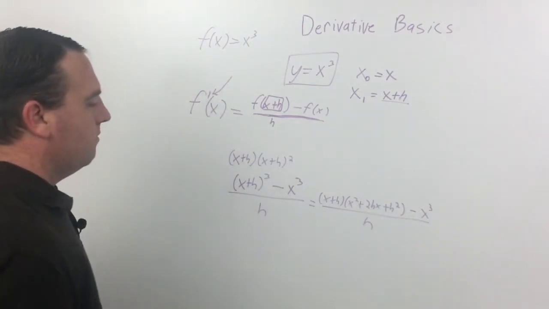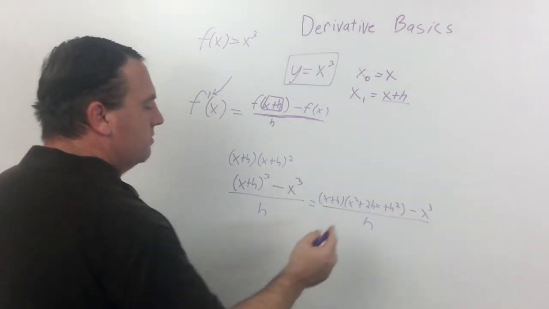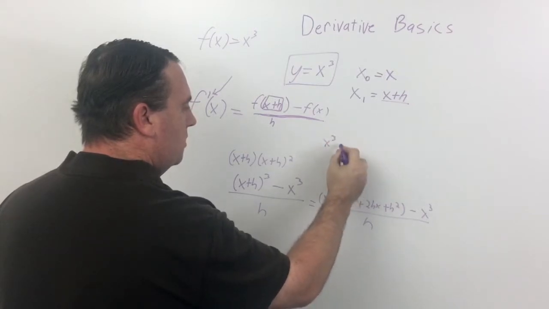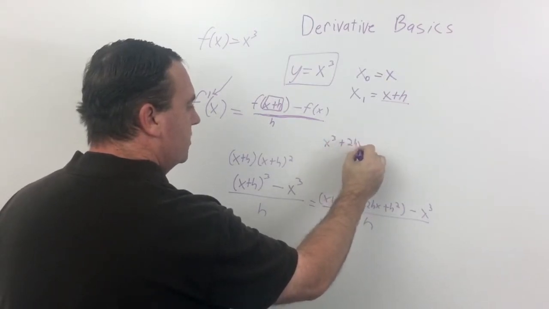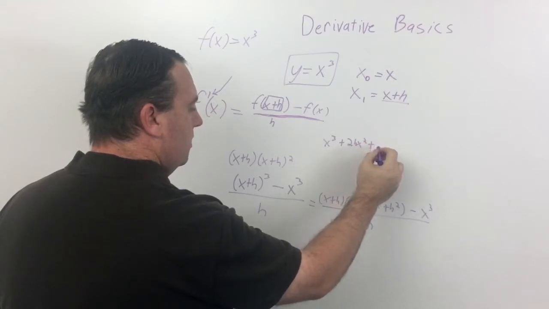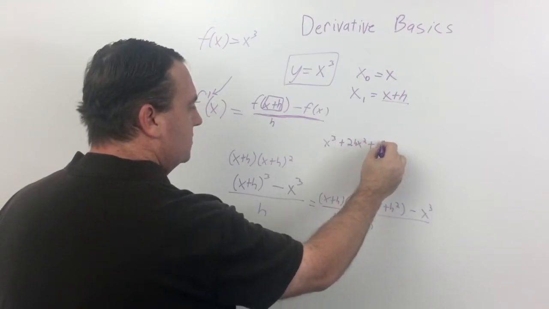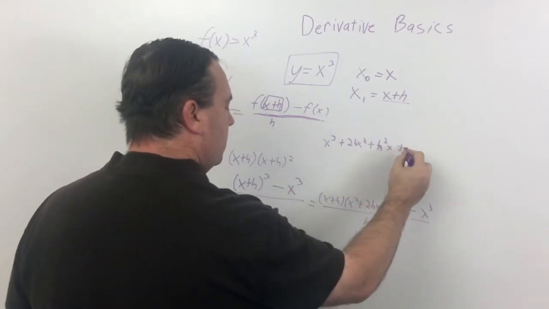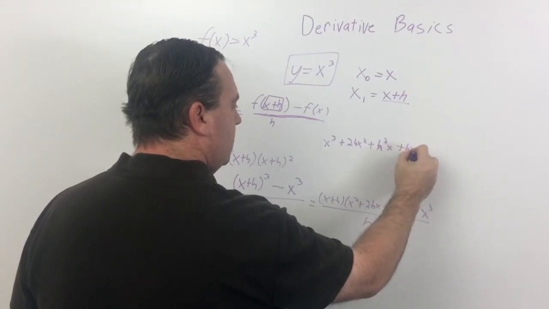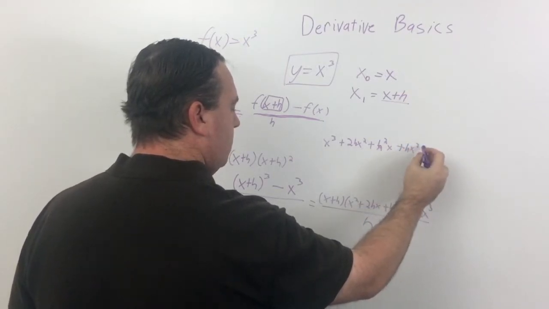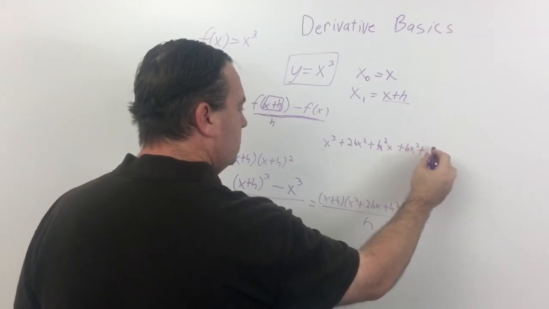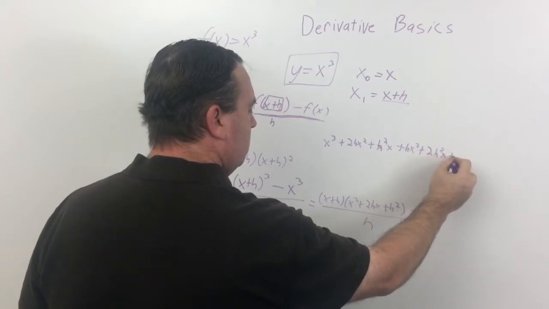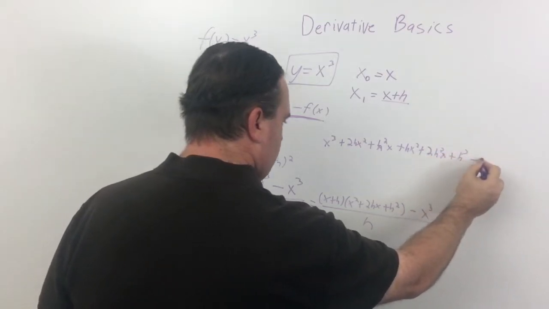Okay, so now if we multiply this through, we'll get x cubed plus 2hx squared plus h squared x plus hx squared plus 2h squared x plus h cubed minus x cubed all over h.